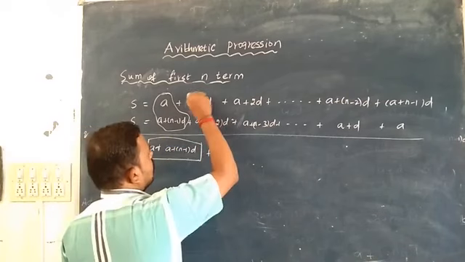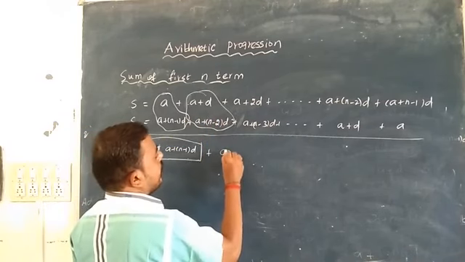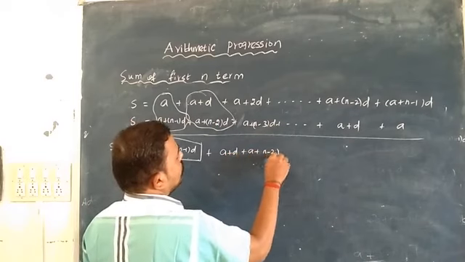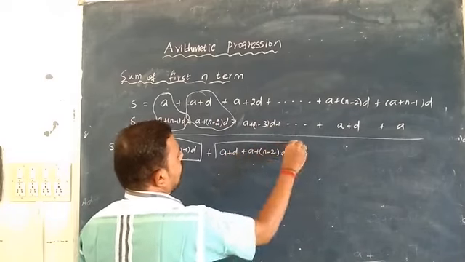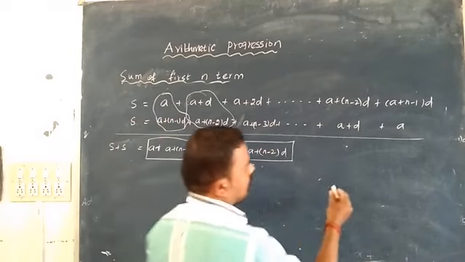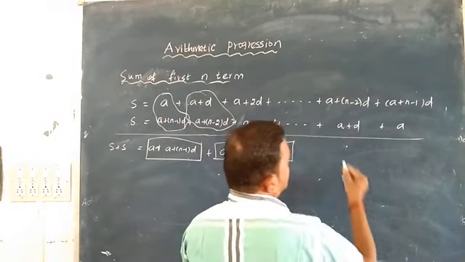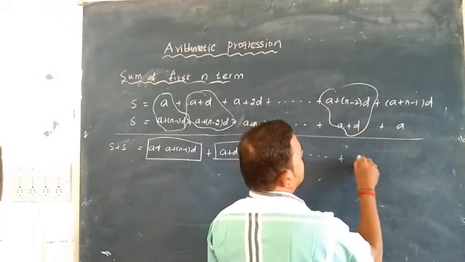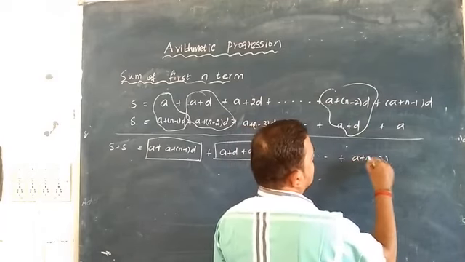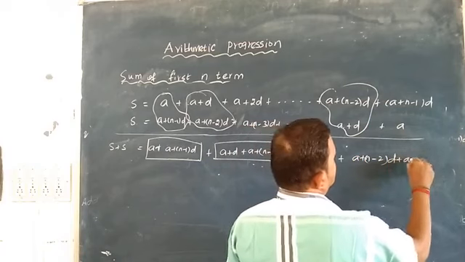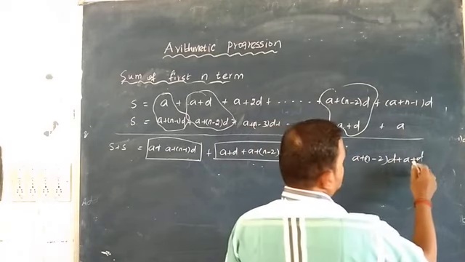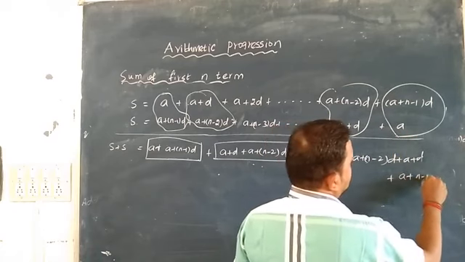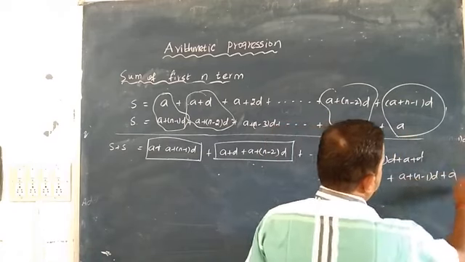Plus this, a plus d plus a plus (n minus 2) into d, second over. Then come to the last, no need to write this one: a plus (n minus 2) into d plus a plus d, then this one, plus a plus (n minus 1) into d plus a.